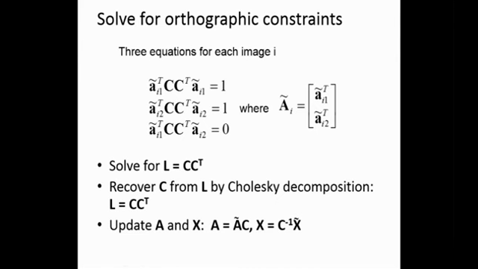The way you solve for it is you first solve for L, where L is equal to C C transpose, and then you can recover C from L using Cholesky decomposition. Then you update your A and X matrices by post-multiplying A tilde by C and pre-multiplying X tilde by C inverse. To summarize this algorithm, you're given a set of m images and n tracked features.